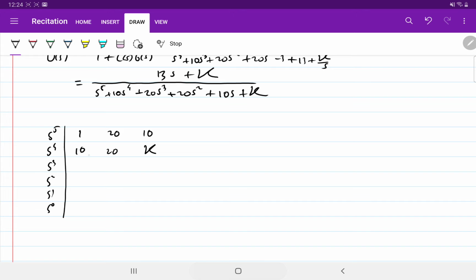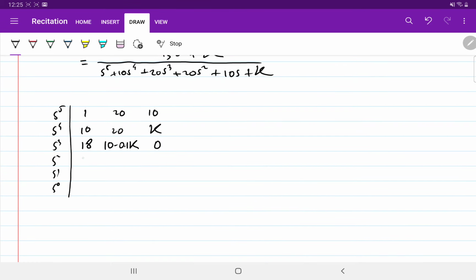Here is 10 times 20 minus 1 times 20, so 180 over 10, so 18. And this term here is 10 times 10, 100, minus 1 times k, so 100 minus k over 10, so 10 minus 0.1k. Here is 0.